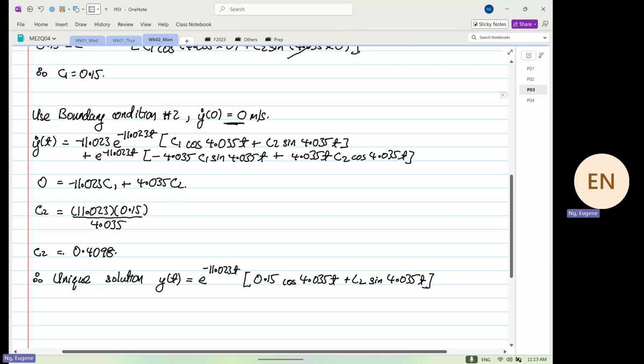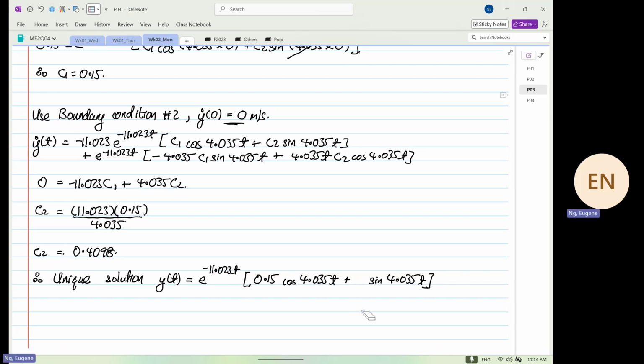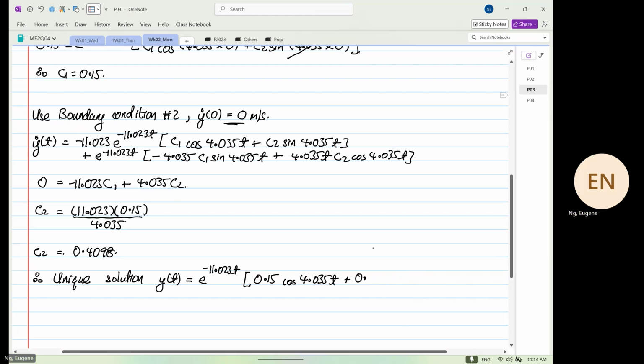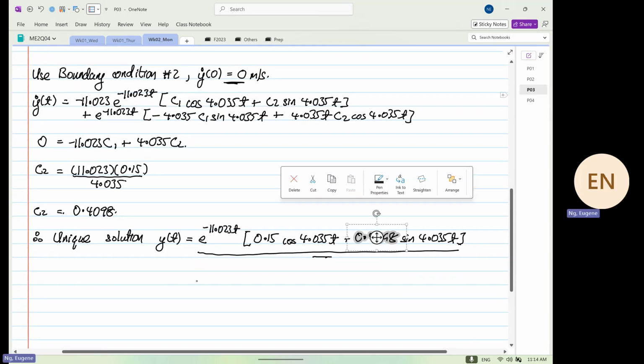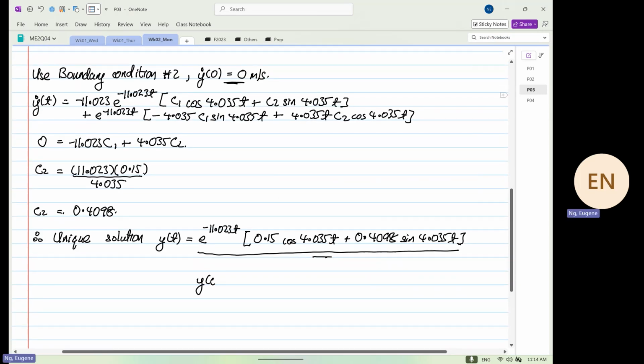Oh, no, not this, not C2, Eugene. Wake up. 0.4098 sin(4.035 t). Again, this will only work when what? When the initial displacement is 0.15 meters. So this solution only works for this, okay?